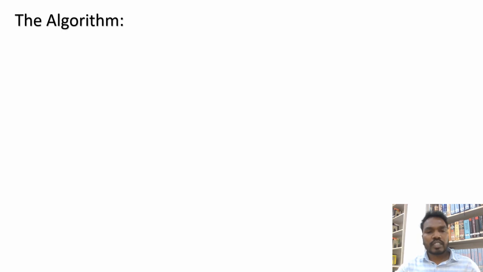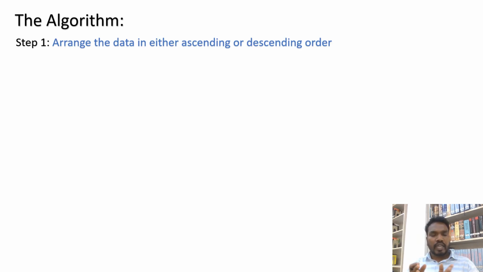Here is a very simple method to find the median. First, we arrange the data in either ascending order or descending order. Then, to find the middle number, we always find one or two middle numbers, based on the number of observations, the number of data points, right?